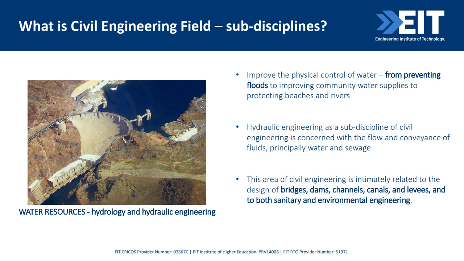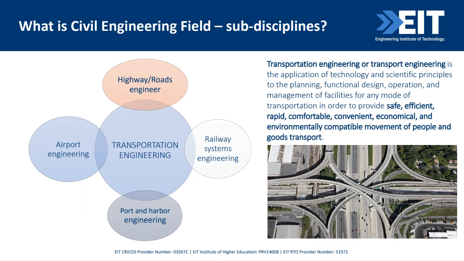Next will be transportation engineering, also known as transport engineering. It involves employing technology and science to facilitate safe, and in transportation engineering, safety, like in all other areas, comes first, so safe, efficient, and environmentally friendly movement of people and goods.